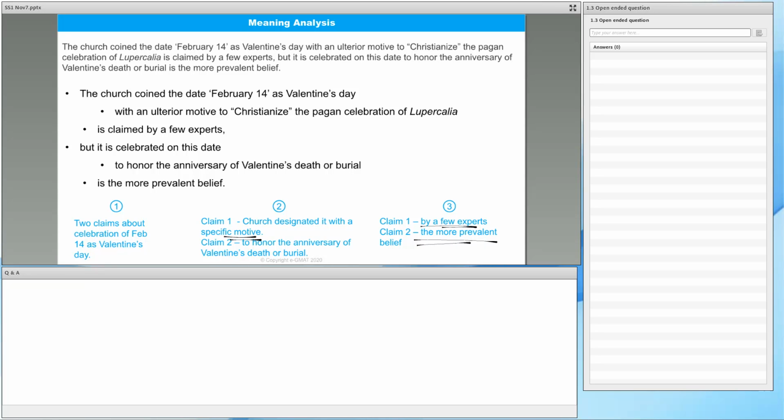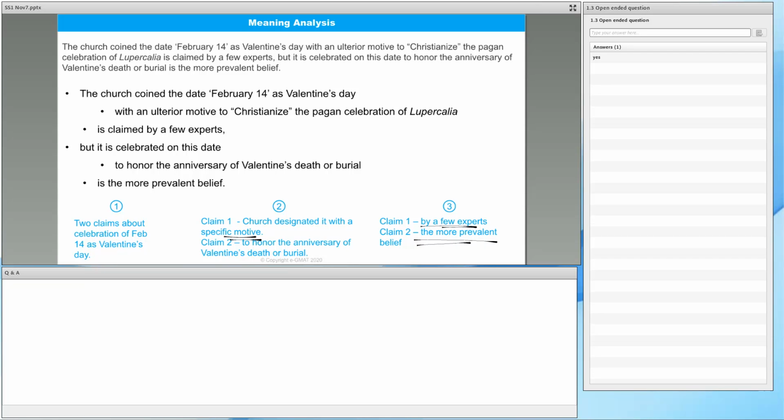Is this clear? When you look at the aspects of meaning, are these clear? One of the things you notice over here is that none of these claims in aspect 3 are by the author. The author is merely a communicator.